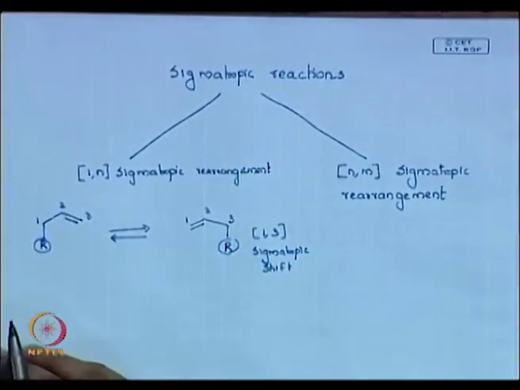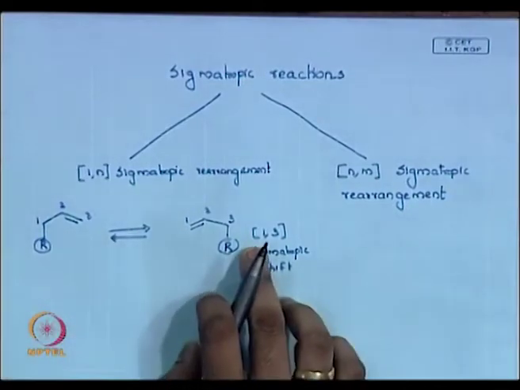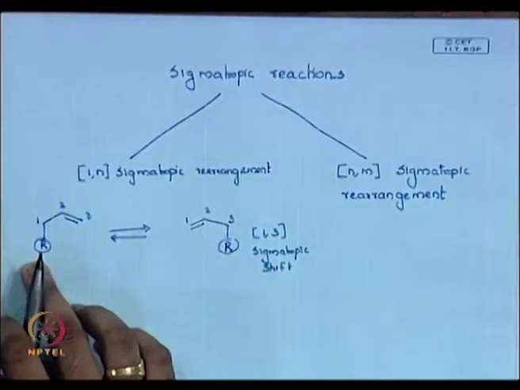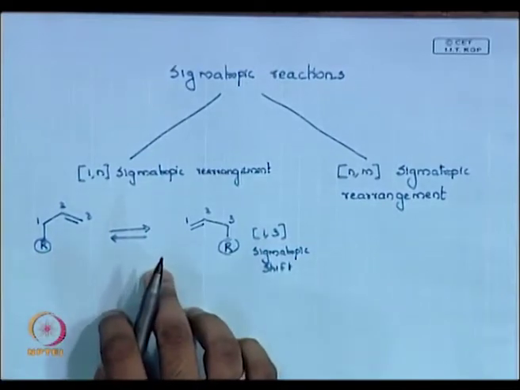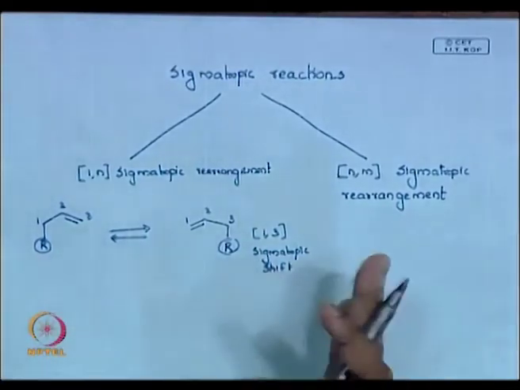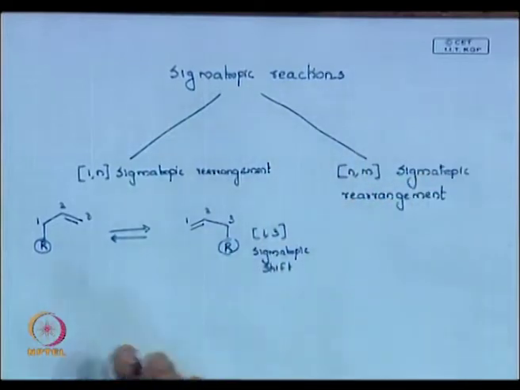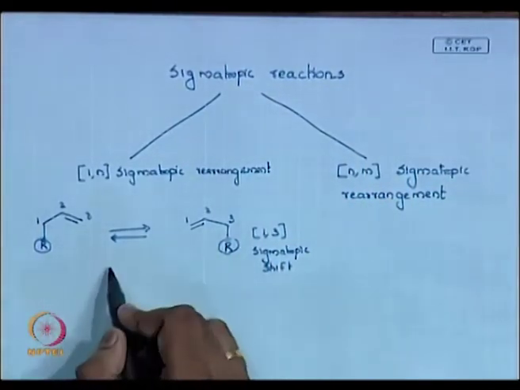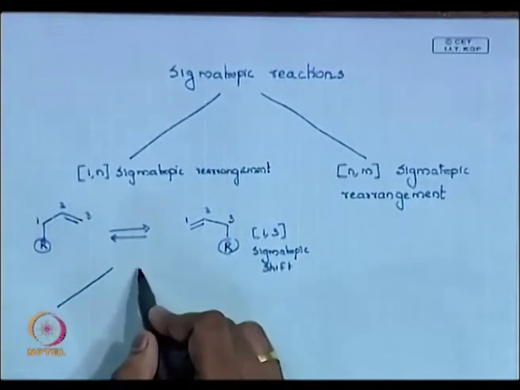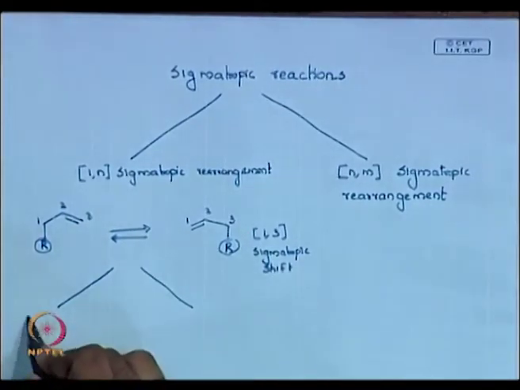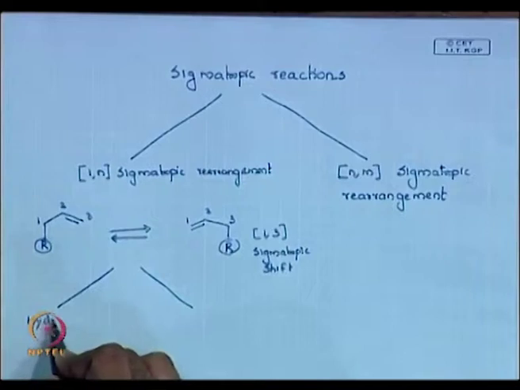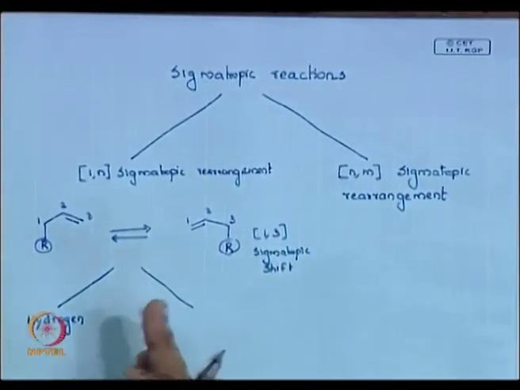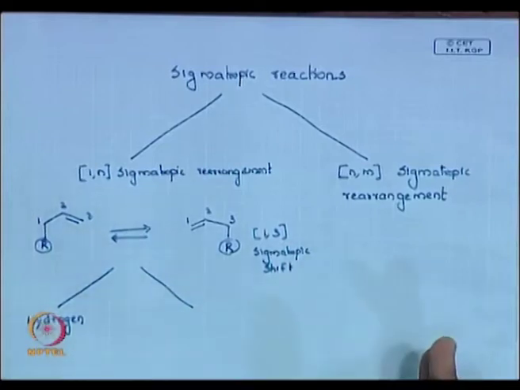In this 1,3, 1 is your initial position where the R is, that you always number as 1, and where it has finally moved, that you call the n. It can be 3, 5, 7, whatever it is. In this R, most of the time you are going to discuss two things. One, hydrogen: you call it a 1,3 hydrogen shift if the R is hydrogen.